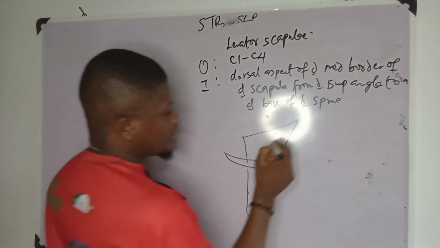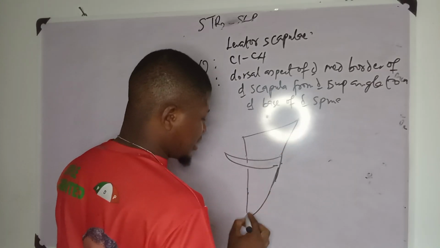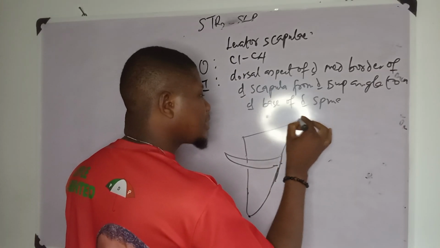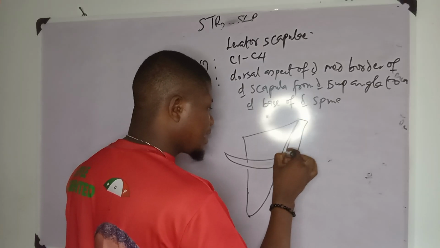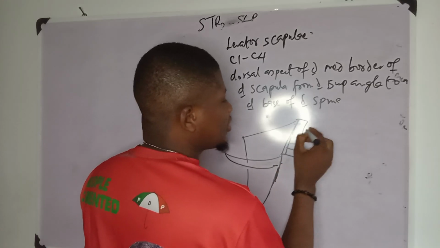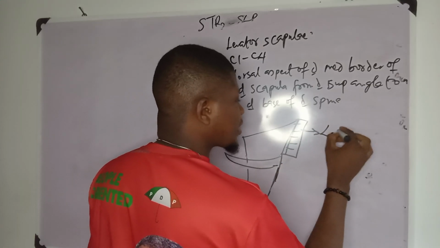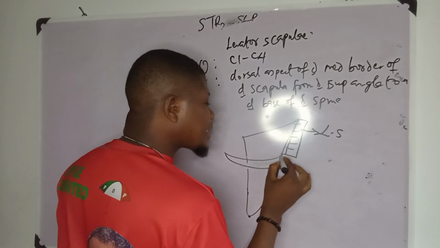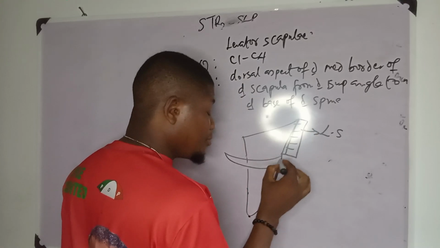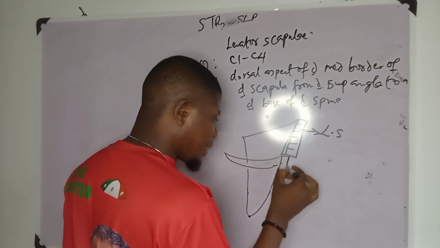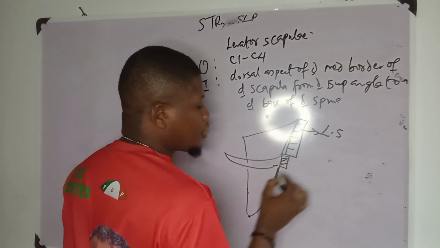So this is the superior angle. This is the inferior angle. The muscle that inserts like this one is what? Levator scapula. Then the one that inserts at those aspects of the medial border at the level of the spine is rhomboid minor.